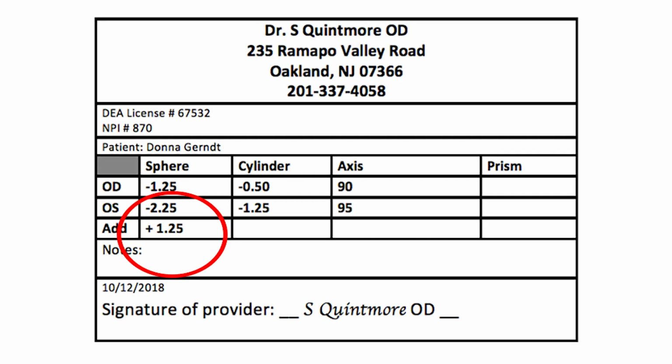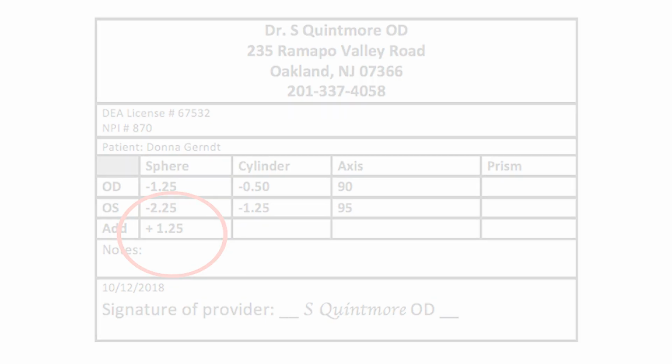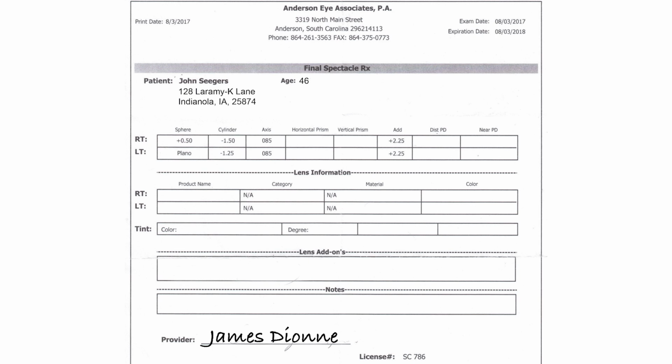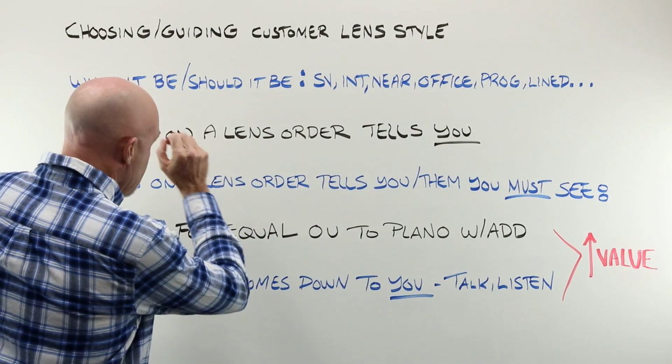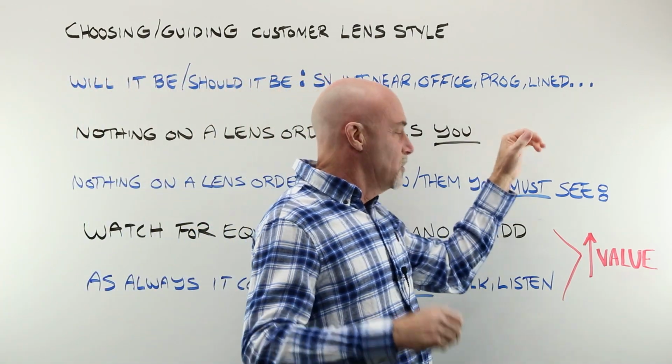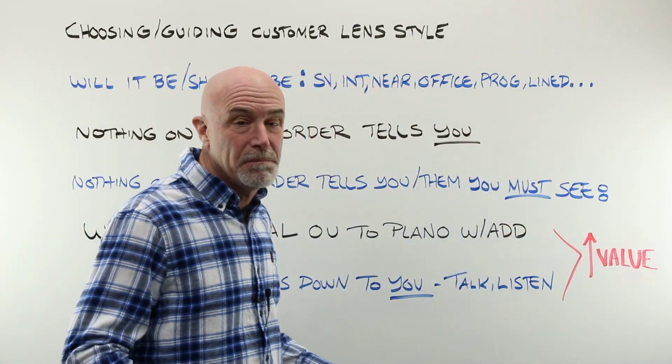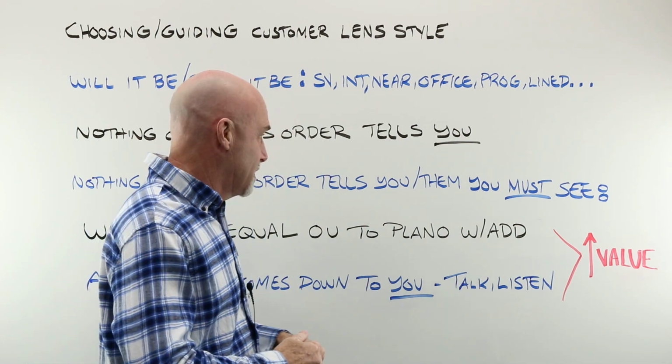Here we have a lens order with an add power, but nothing that says what the customer actually wants or needs. Absolutely nothing. Here is a copy of one of my own from a few years ago. Full distance powers with an add, but nothing that notes what I want or need. So nothing on a lens order tells you what style is going to best serve your customer's needs.